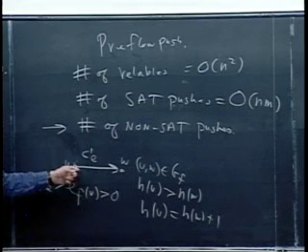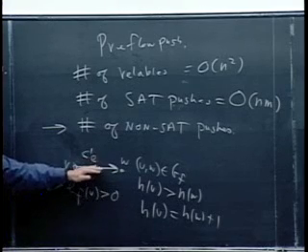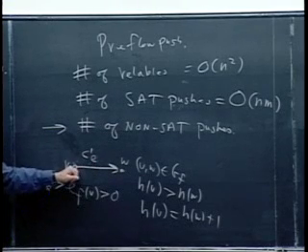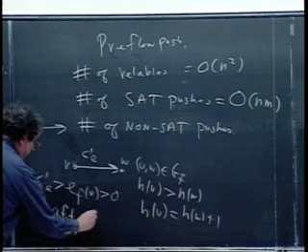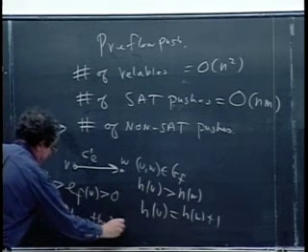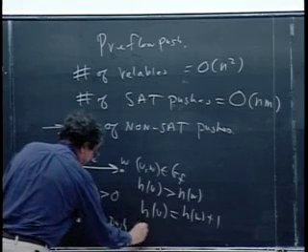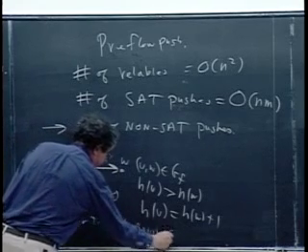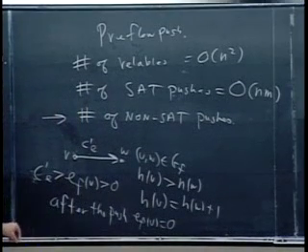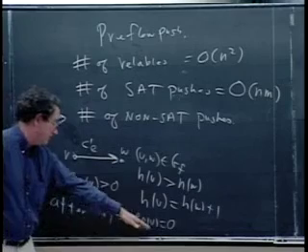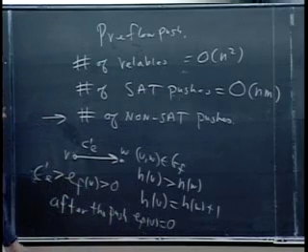And that's why this is a non-saturating push. It doesn't saturate this edge. But after the push, the excess at V is now equal to 0. There's no extra excess at that node V. That's what a non-saturating push means.